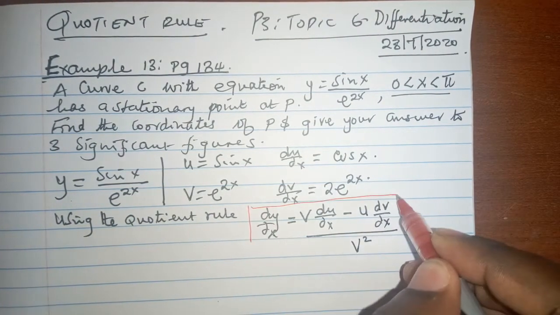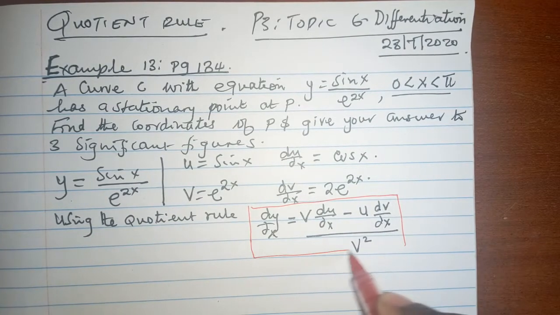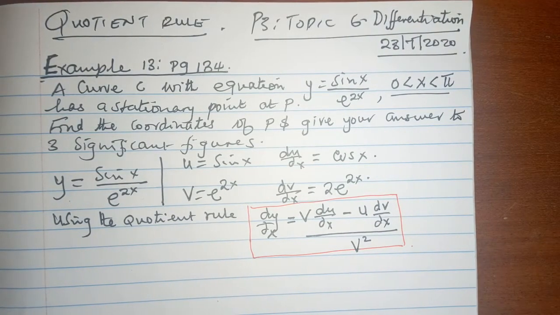And that is our quotient rule. Remember, in this question we are expected to give the coordinates, so we must get the specific value of x and the specific value of y at the turning point P.